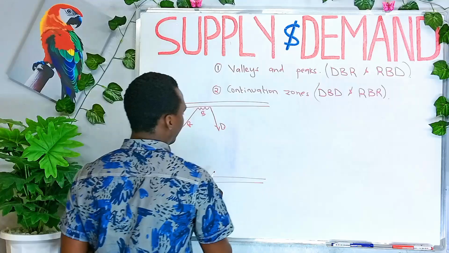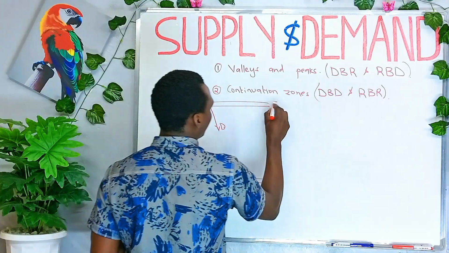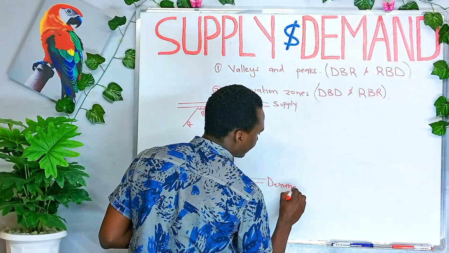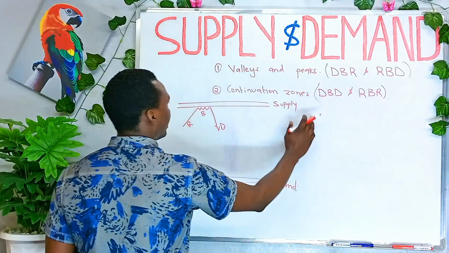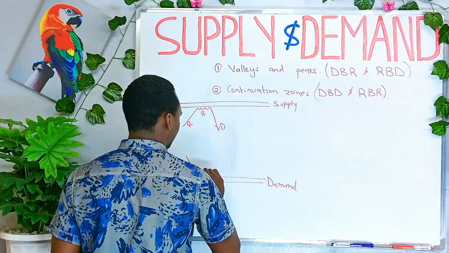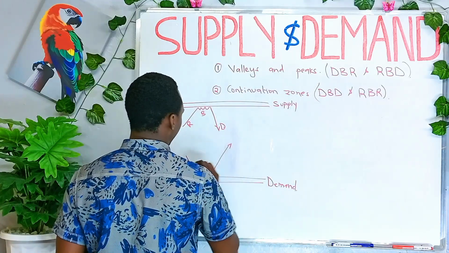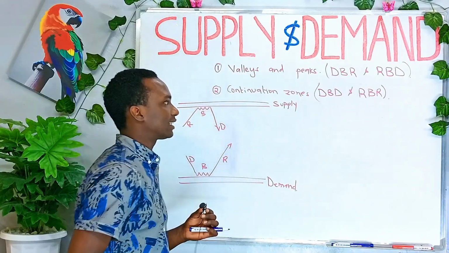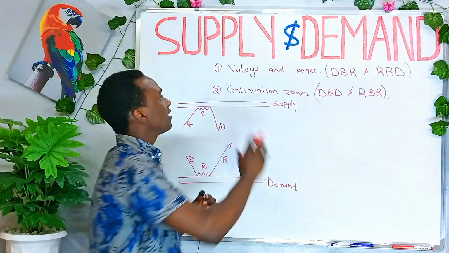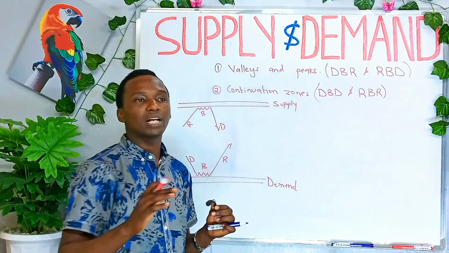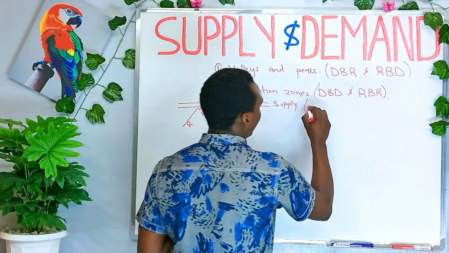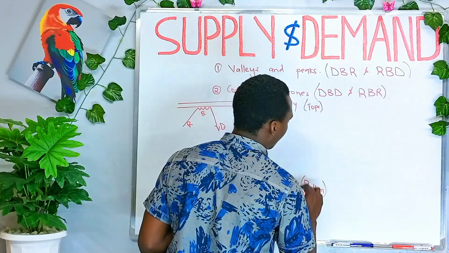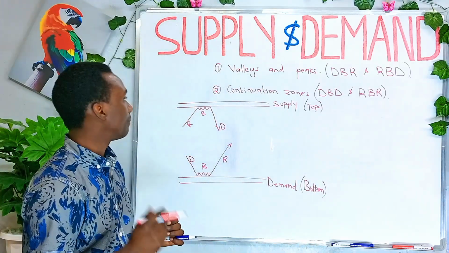And if this is our supply zone, and this is our demand zone in this case, here you will find drop base rally. Okay, you will find drop base rally patterns in this case. That is why we were saying that the valleys and peaks are found at the tops and bottoms of price movements, and this forms reversal patterns.